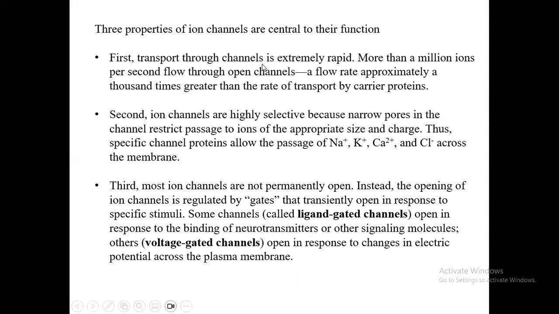More than 1 million molecules per second will flow through the open channels, and the flow rate is 1,000 times greater than the transport by the carrier proteins. As we had just seen in the case of glucose carrier proteins, it will transport one molecule of glucose at a time. So it is a relatively slow process.